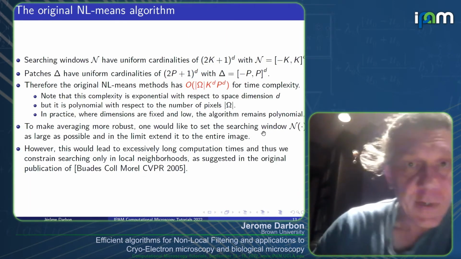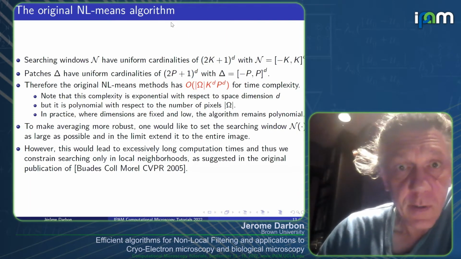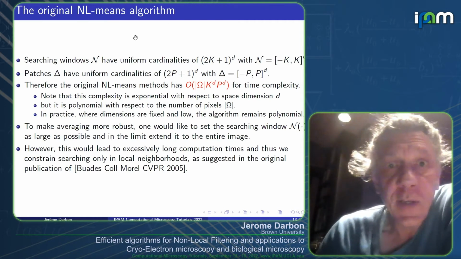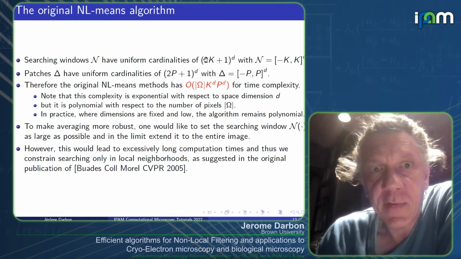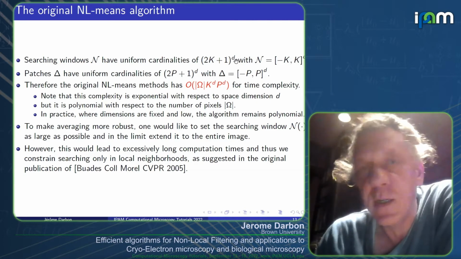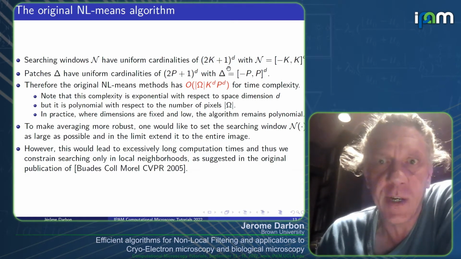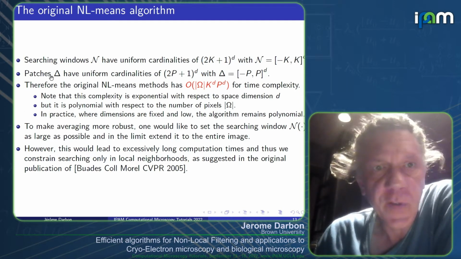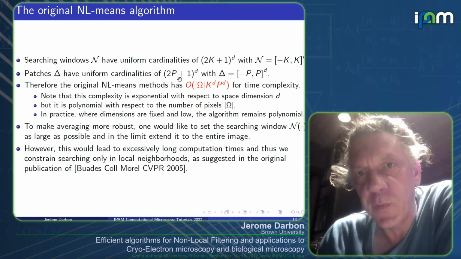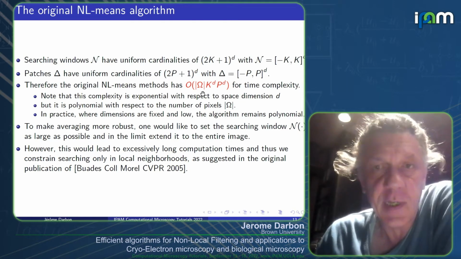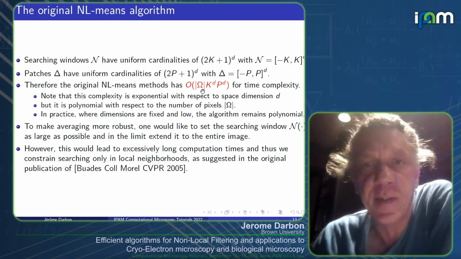So what we have in terms of complexity for the original method, if we assume that we have searching windows of size 2k plus 1 power D, so think about a big square of size 2k plus 1. If you have a patch of size 2p plus 1 power D, then the overall complexity to perform all those computations is proportional to the number of pixels.